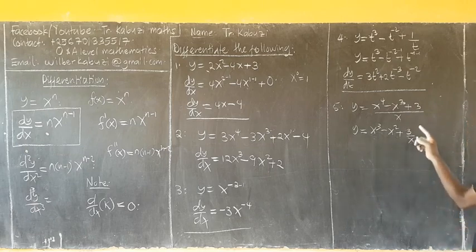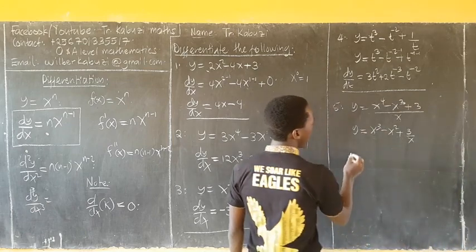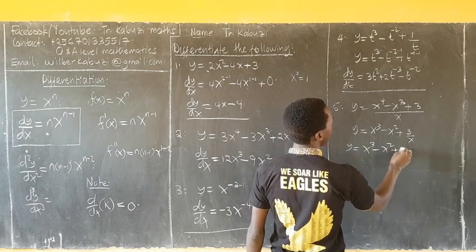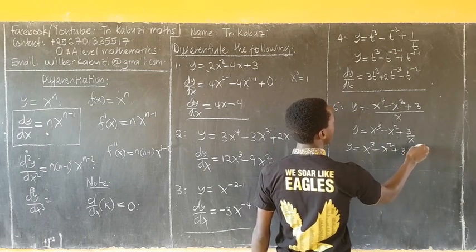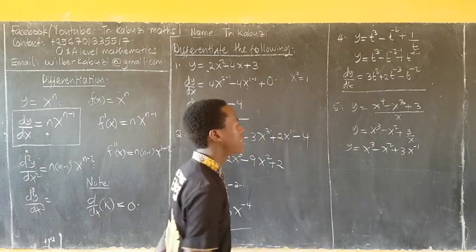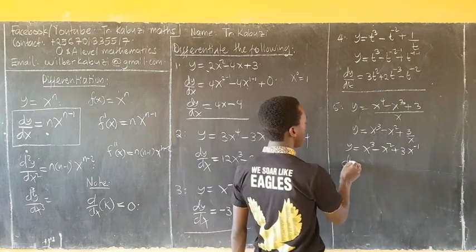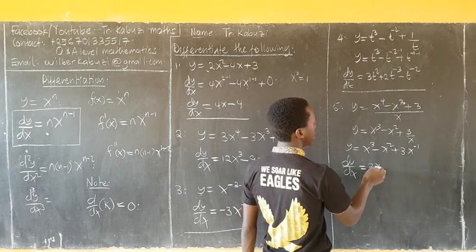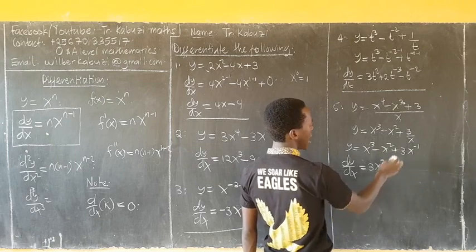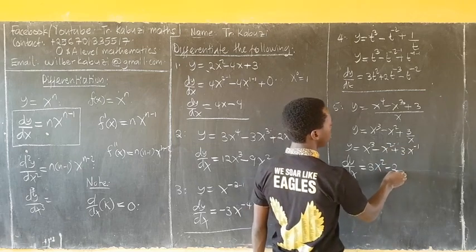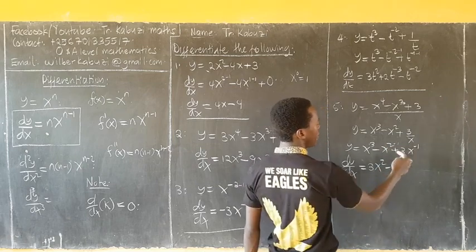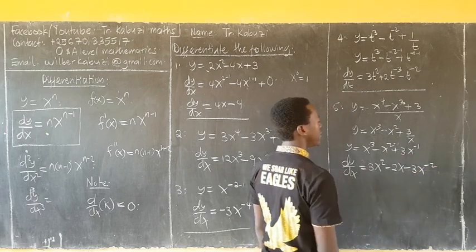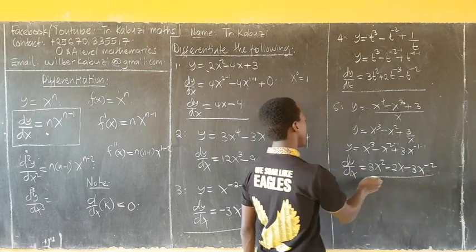Now take this up. So my y becomes x cubed minus x squared plus 3x, and the power comes to negative 1. So now dy/dx becomes 3x squared, minus 2x, then when I bring this and multiply, I have negative 3 x power negative 2, when I reduce the power by 1.